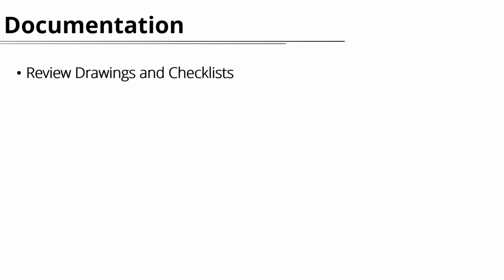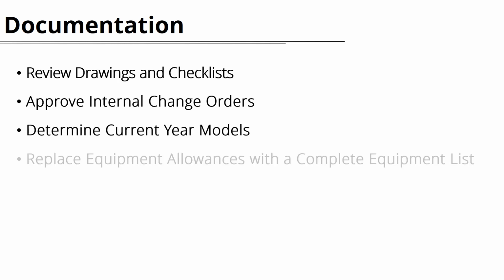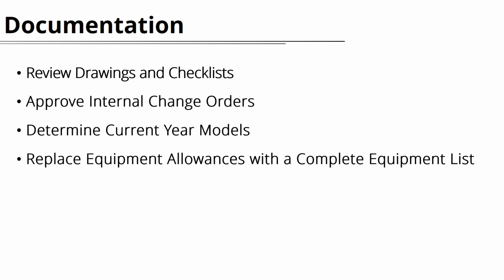When a project manager takes responsibility for a project, he must ensure that all necessary information is in order to complete the job effectively. This can be as simple as reviewing project documentation to validate that it is complete and thorough. It could also mean review and approval of internal change orders required to determine current year models and replace equipment allowances from the project quote with a complete equipment list.